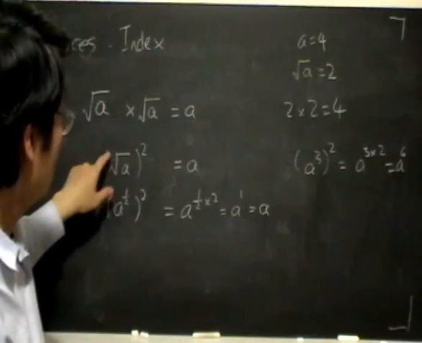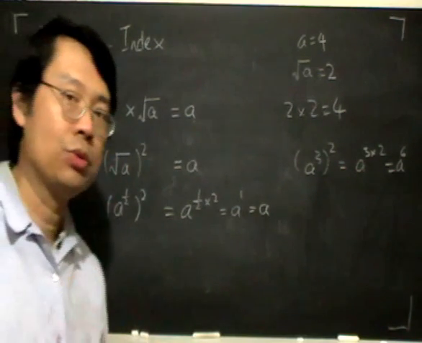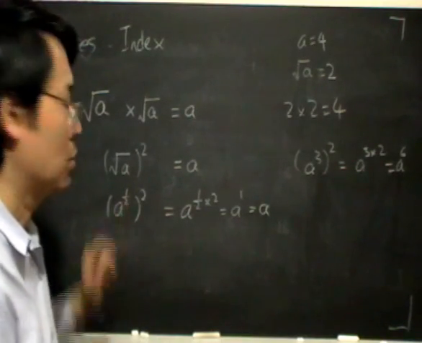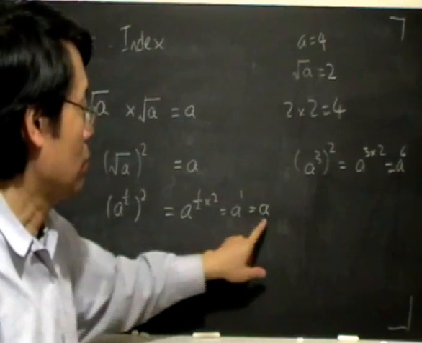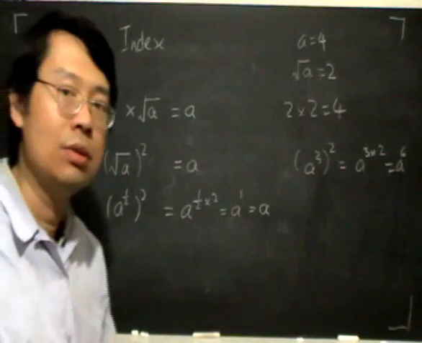One is that we can think of the square root of A as just A to the power of half. The other is that we can think of A as the same as A to the power of 1.